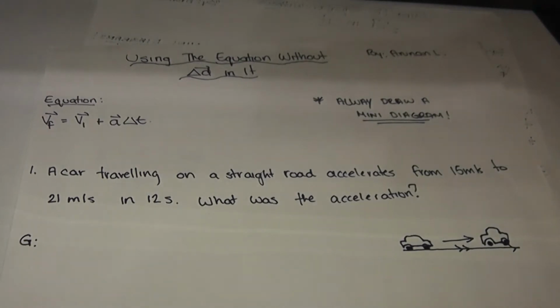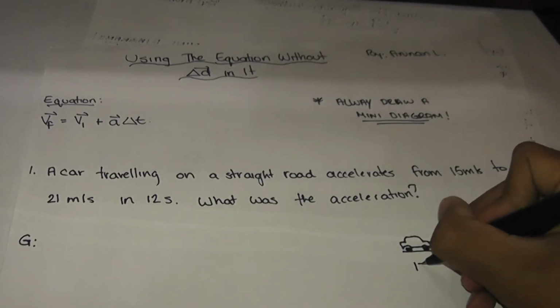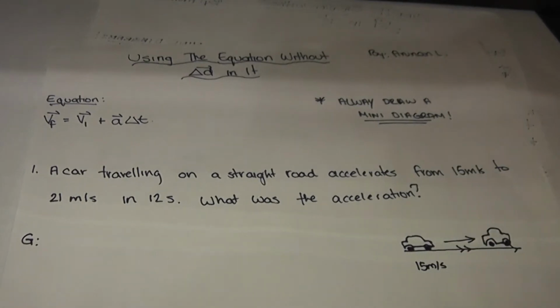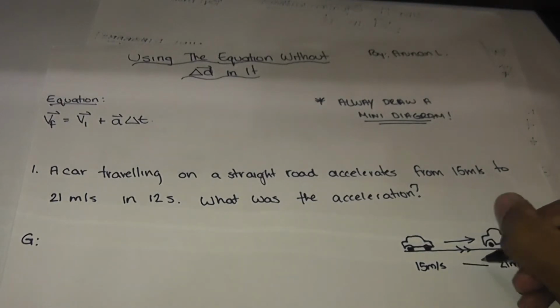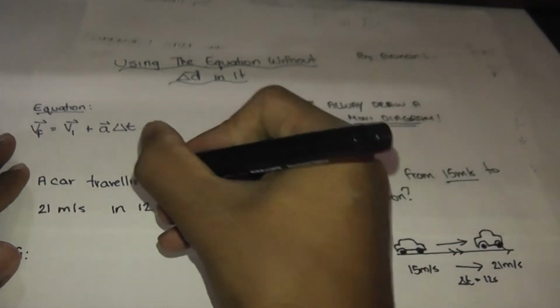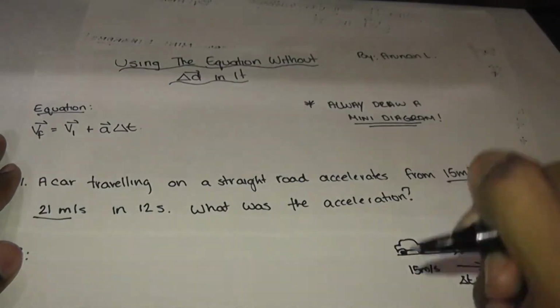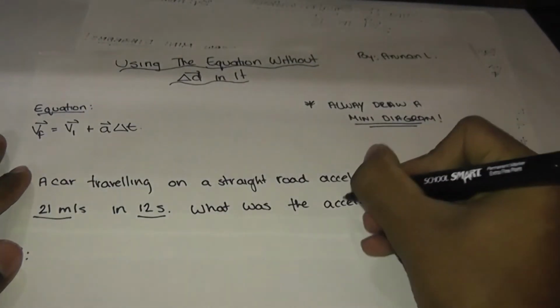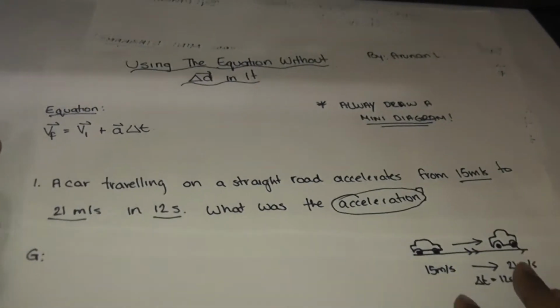And it says that the initial velocity was 15 meters per second, and the final velocity was 21 meters per second. And the delta t equals 12 seconds. So what I'm just going to do is underline all our givens. So that's our initial velocity, our final velocity, our change of time, and what we're trying to solve.